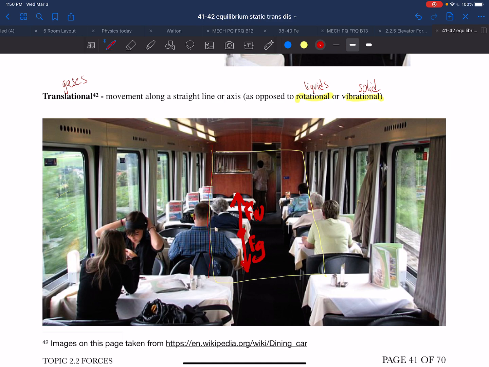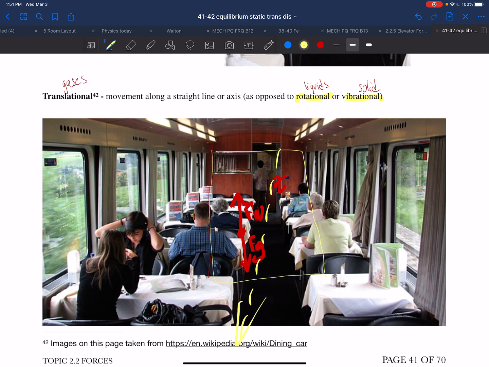And in this dimension, the z direction, the forces are balanced. There is equilibrium. But what is happening is this train is moving, is translating in this direction toward us, out of the picture, out of the page. It's moving toward us. So it is in equilibrium in the z dimension.